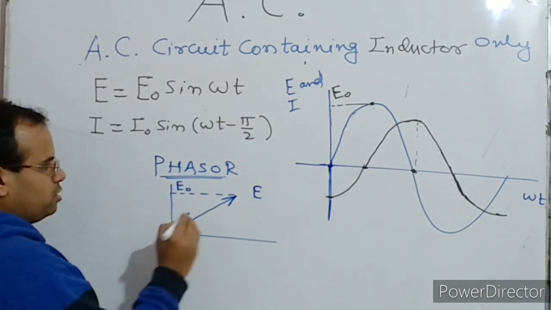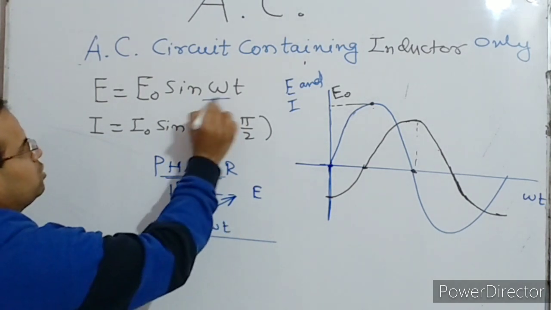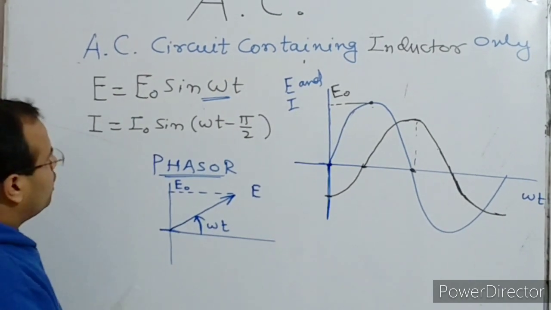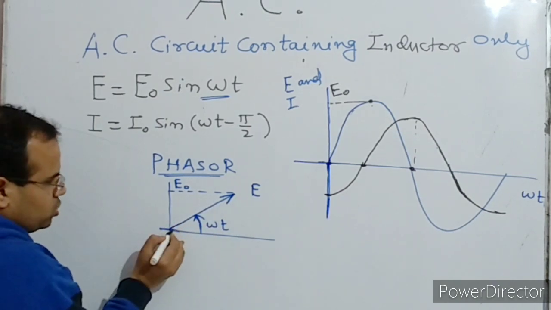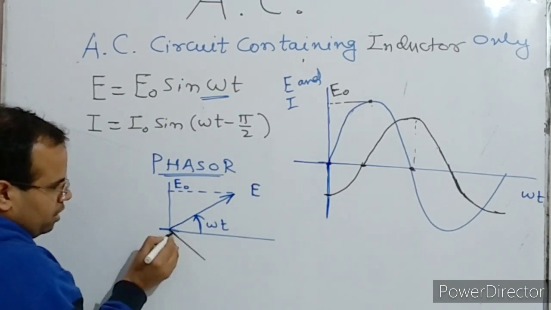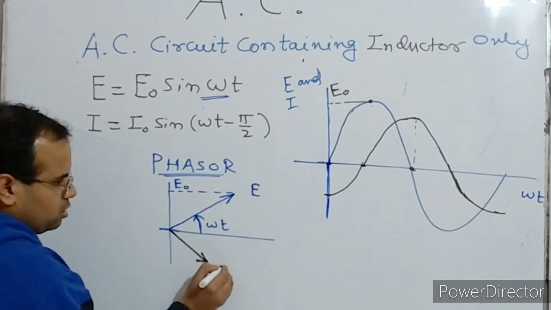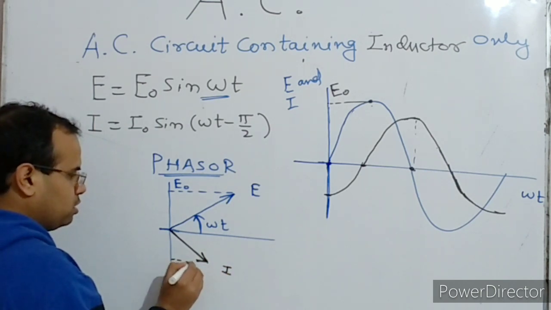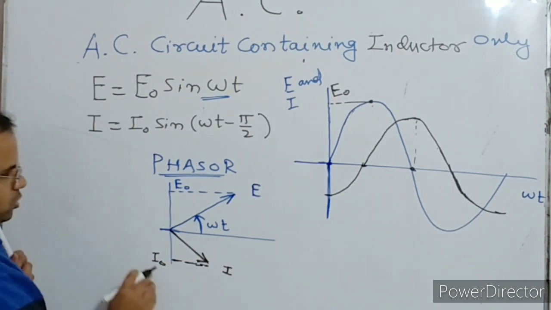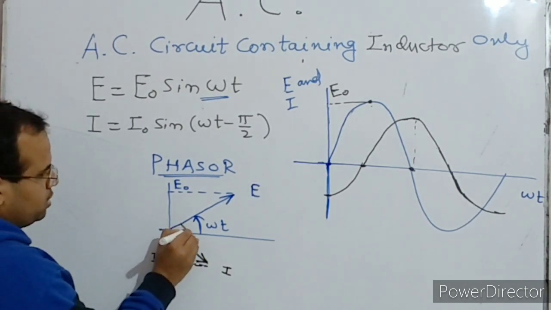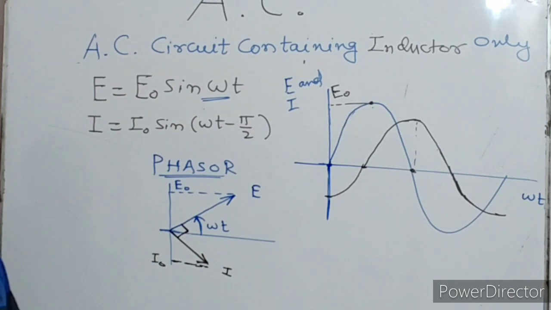And this angle is omega t, as we know, E equals E naught sin omega t. Now, as far as the current is concerned, current is lagging behind the EMF. Behind means this side, by convention. So that's why the current is here. This is the current I, and this is I naught. So current is lagging behind the EMF by angle pi by 2.